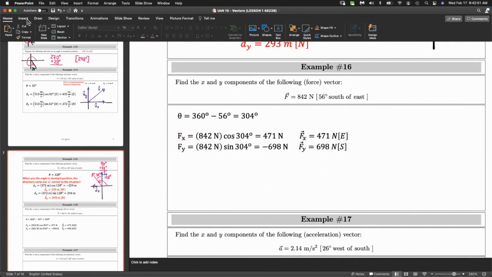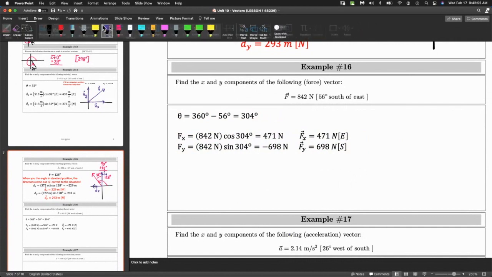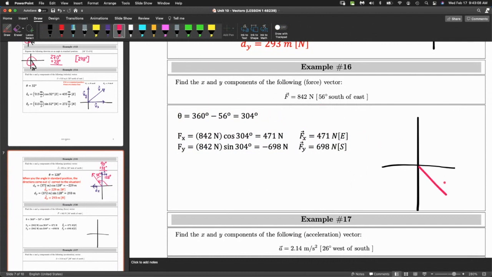But now I can draw the picture and confirm that the numbers in the calculations were consistent. So if I draw my vector, it is 56 south of east, so this is 56 degrees here. If you go around this way, that's going to be 304. And this is 56 over here.